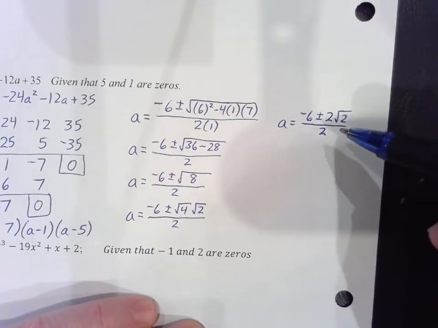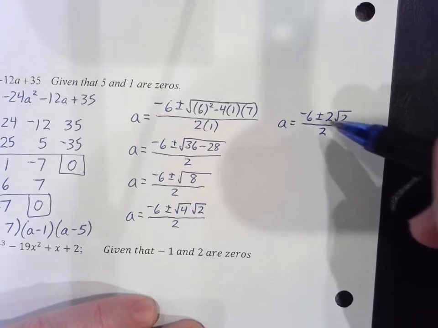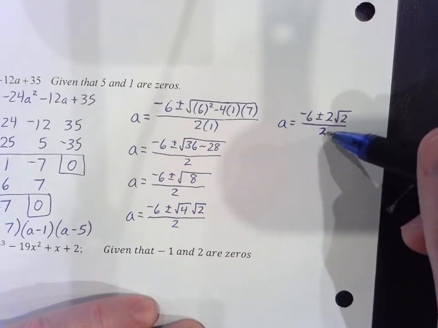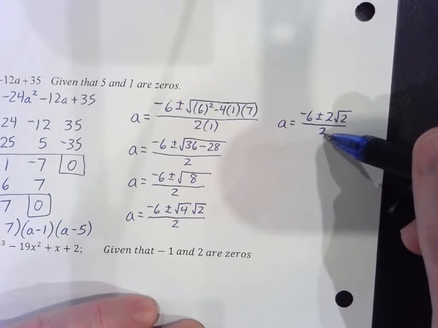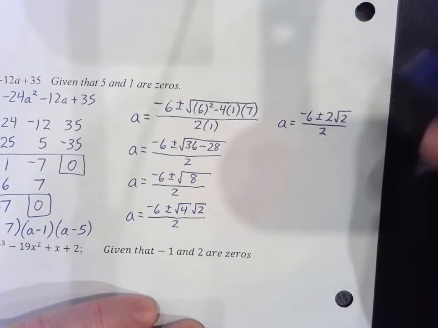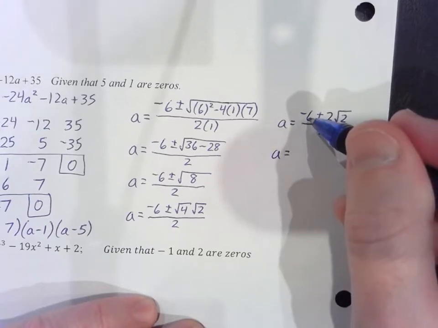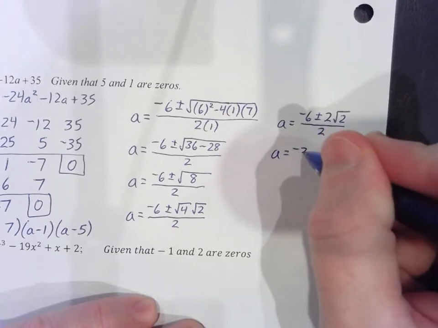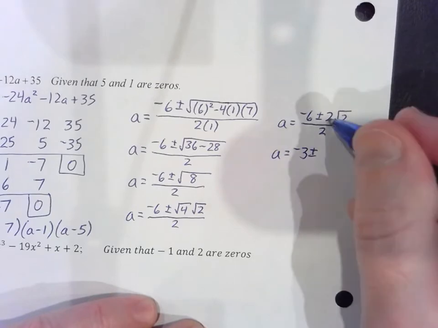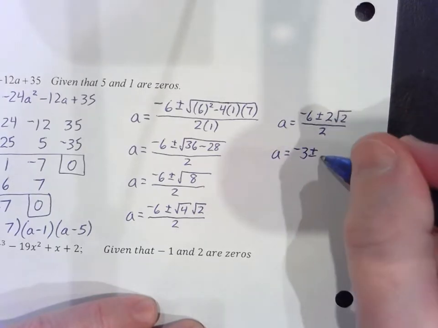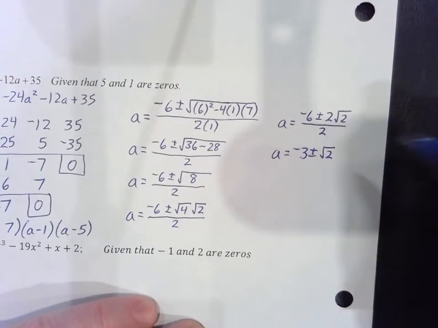Can those all be divided by the same thing? They can all be divided by 2. The bottom, 2 divided by 2 is 1, so the denominator will disappear. And I'm left with negative 6 divided by 2 is negative 3. 2 divided by 2 is 1, so 1 times square root of 2 is just square root of 2.